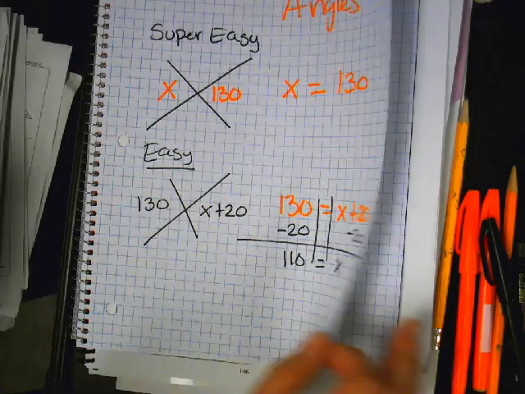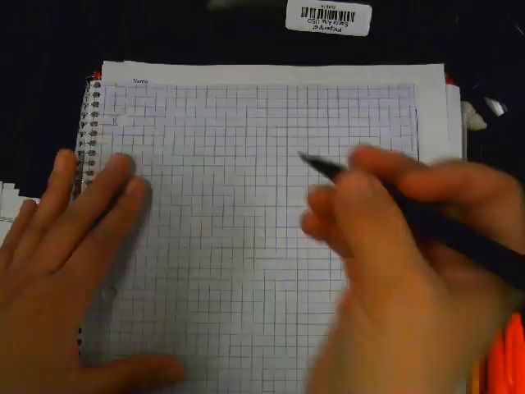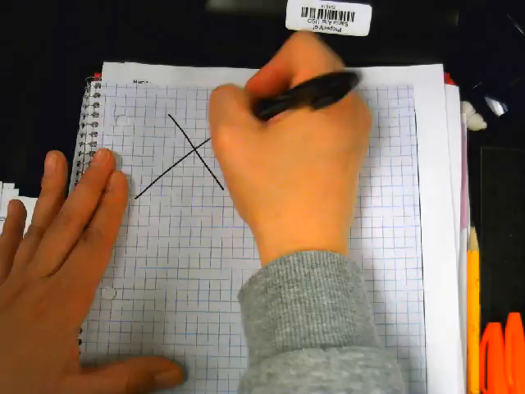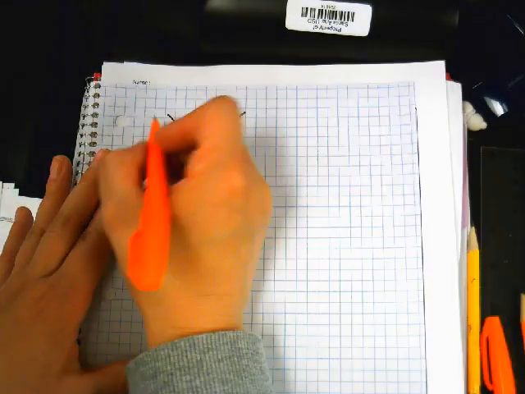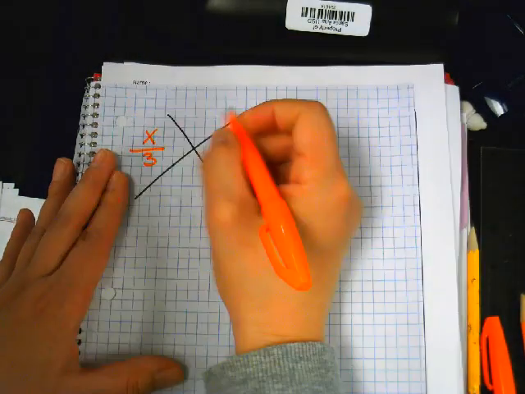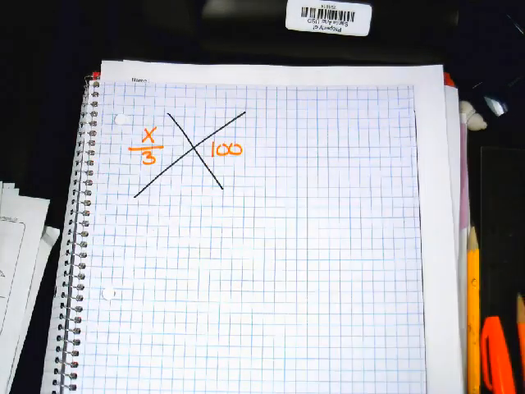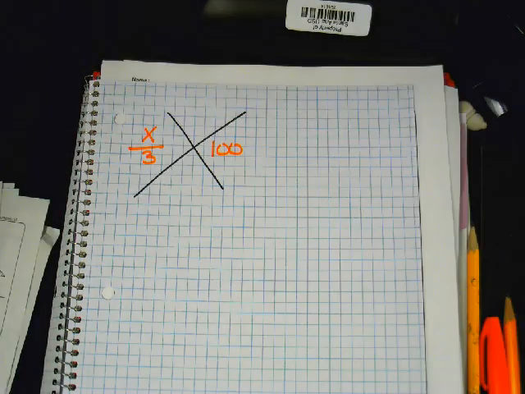Let's do another semi-easy one. Are they vertical or supplementary? They're vertical. They're not supplementary. Supplementary will make a straight line. They're opposites. Opposites don't make straight lines.